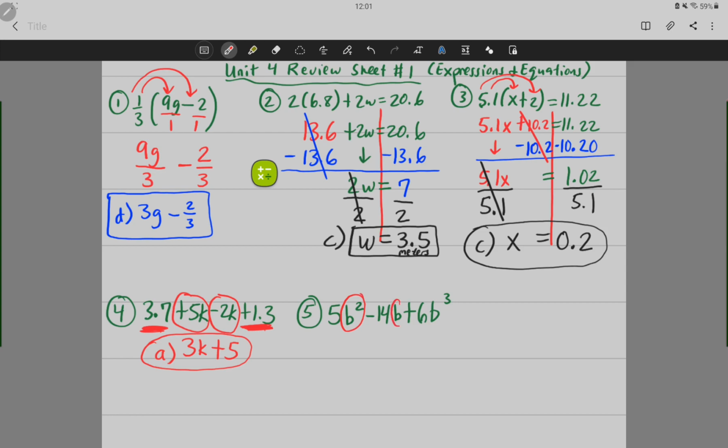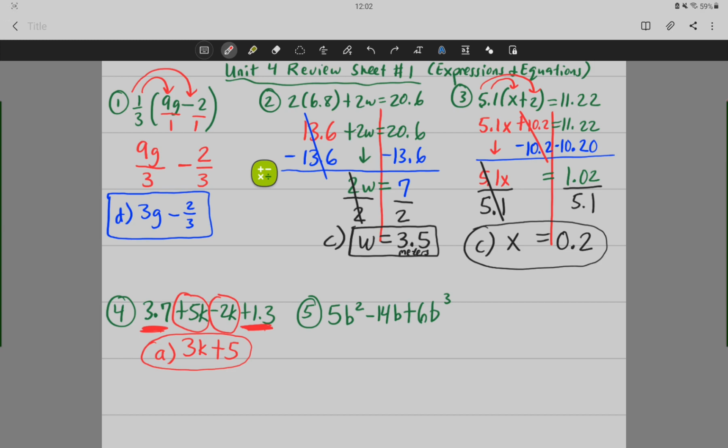This is just b by itself, which is technically to the first power. And this says b, but to the third power. So none of them have the same exact exponent, which means that although they have the variable b, none of them are like terms. There's nothing to do with this problem.